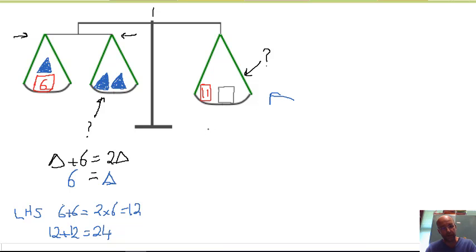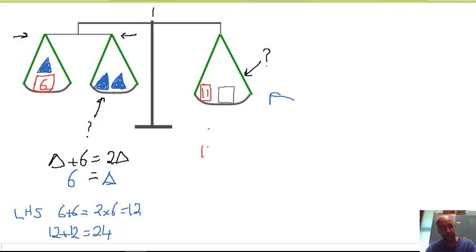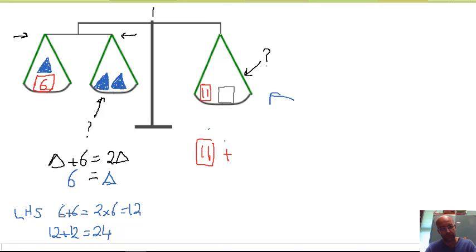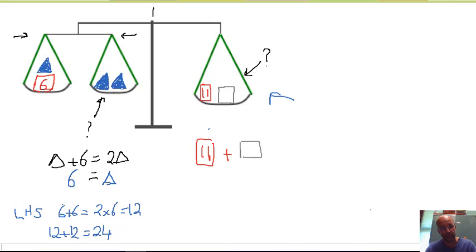So what we have is basically an 11 mass plus a grey square or rectangle, whatever it is, and that equals the 24 that we said on the left hand side. So 11 plus something is 24.